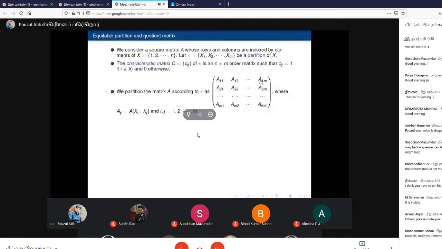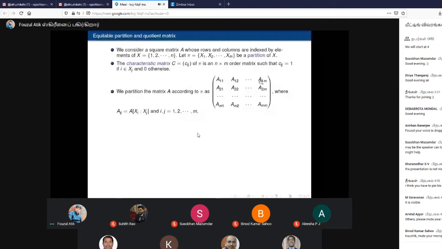In block A12, the rows are indexed by the set X1 and the columns by the set X2. In this way, we have partitioned the original matrix A into m by m block form.